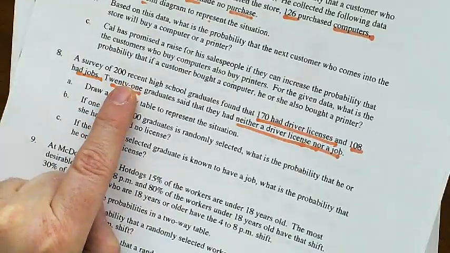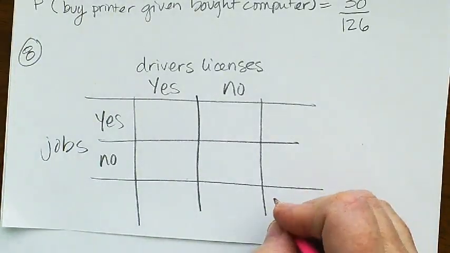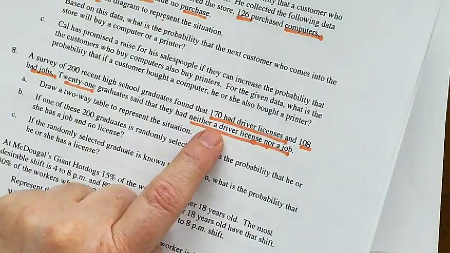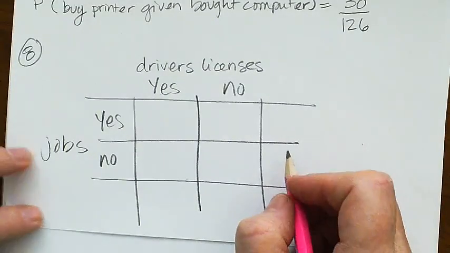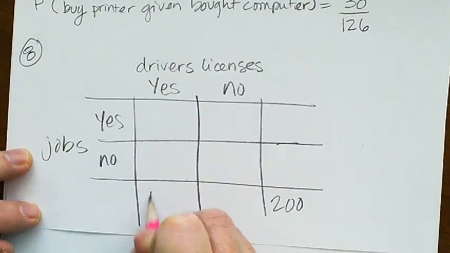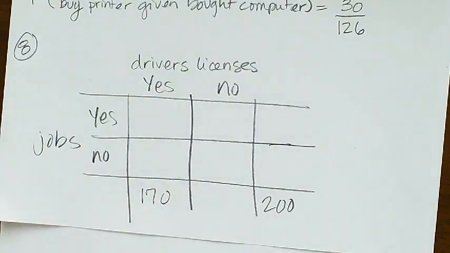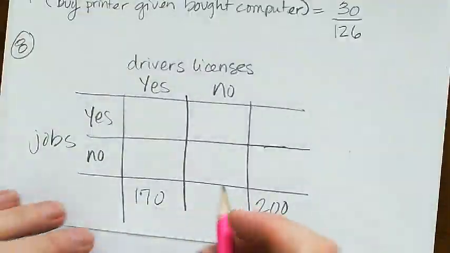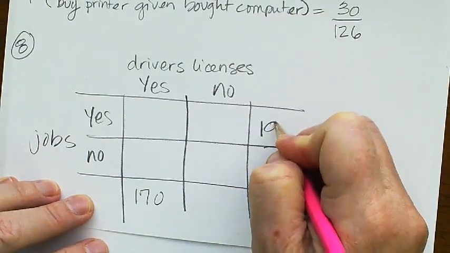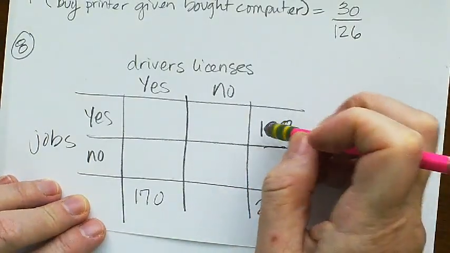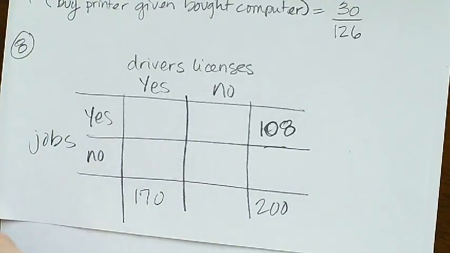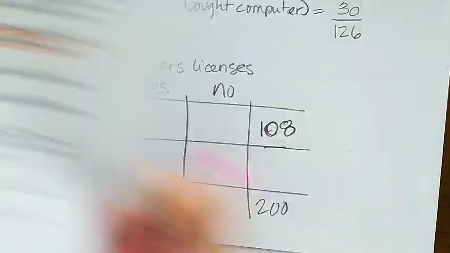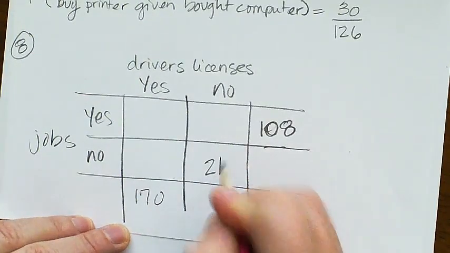Survey of 200. Yeah, so 200 is the total, and 170 had a driver's license, so my total for driver's license is 170. 108 had jobs, so let's go jobs, yes, 108. 21 had neither, so 21 right here.